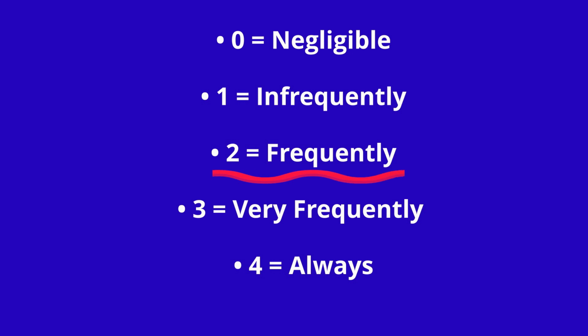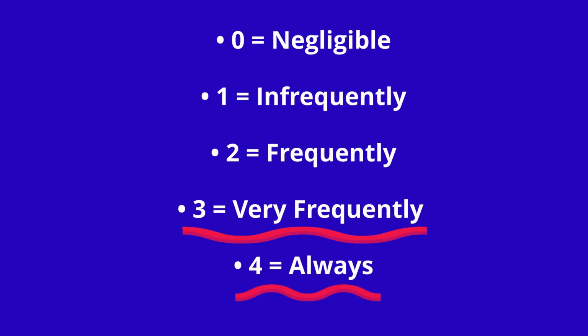In order for the child to participate in the activity, extra support will need to be provided for about half of the occurrences of the activity. 3, very frequently. In most occurrences of the activity, the child will need extra support that same-age peers will not need. Only occasionally will the child not require any extra support. And 4, always. On every occasion that the child participates in the activity, the child will need extra support that peers of the same chronological age will not need.